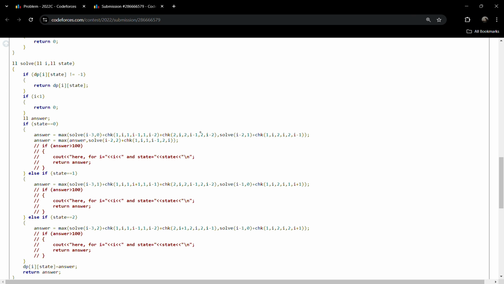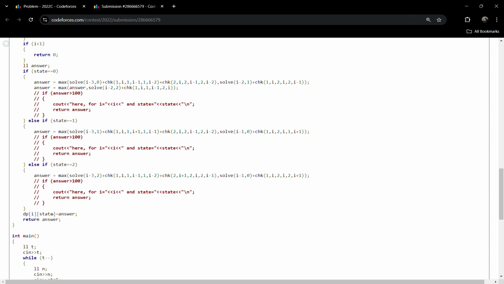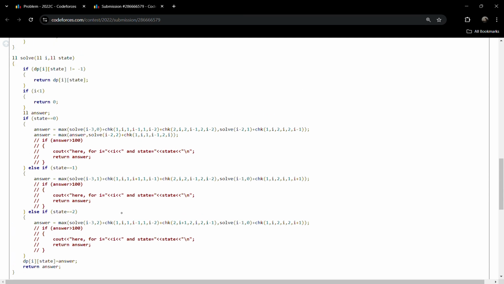Accordingly I'm calling solve, meaning I'm updating the number of columns it will have after the partition. So same for state 1 and state 2. Then finally I am updating dp of i comma state as answer and returning the answer.